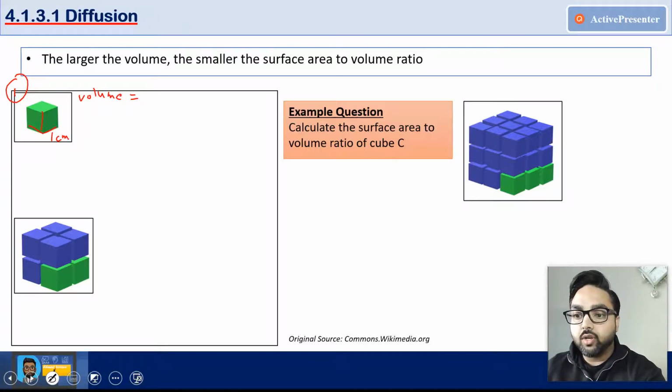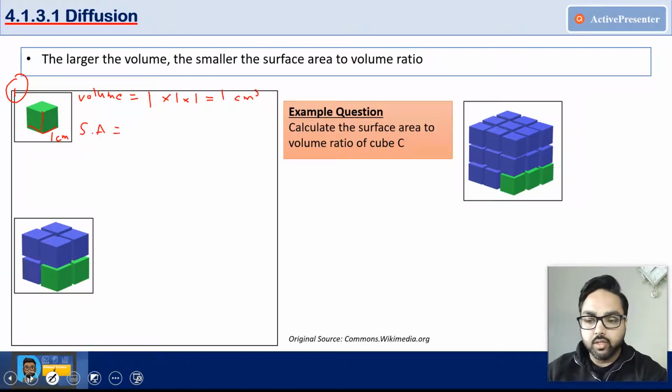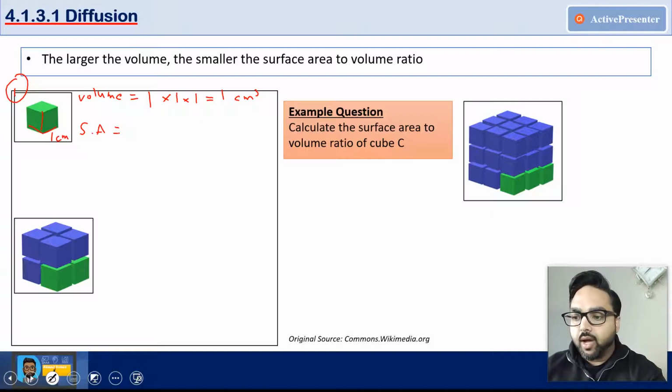So when I'm working out the volume, all I have to do is 1 times 1 times 1. So actually the volume of this cube is 1 centimeter cubed. Then the surface area of this cube is going to be something else. Well, what's the surface area going to be? What I have to do is think about the surface area of one side.